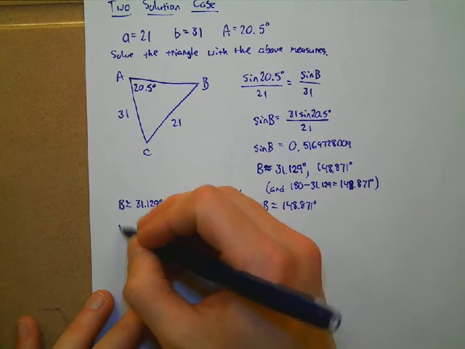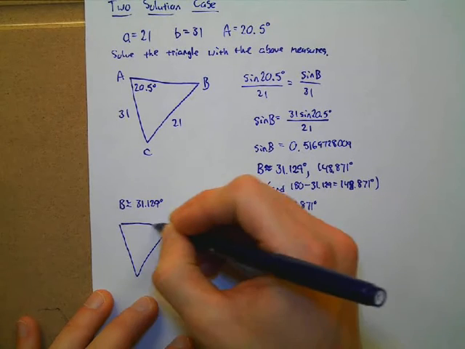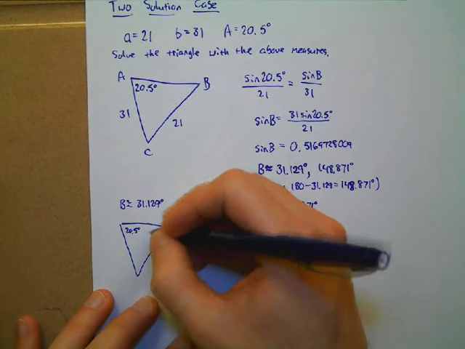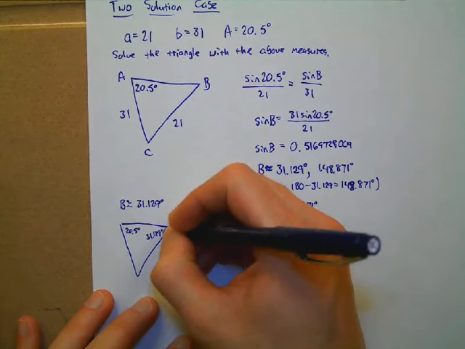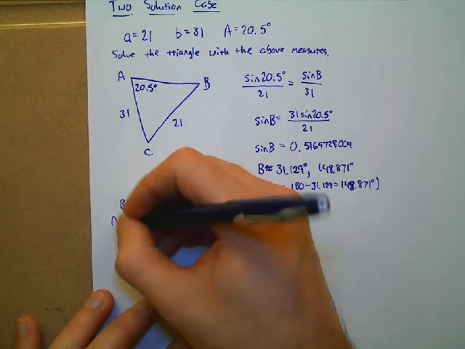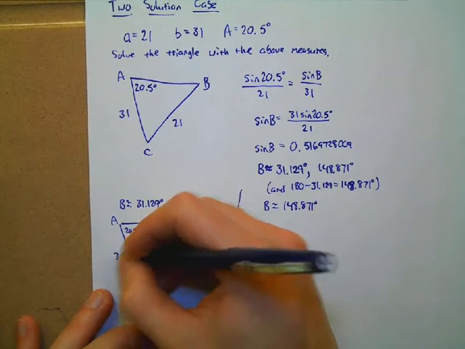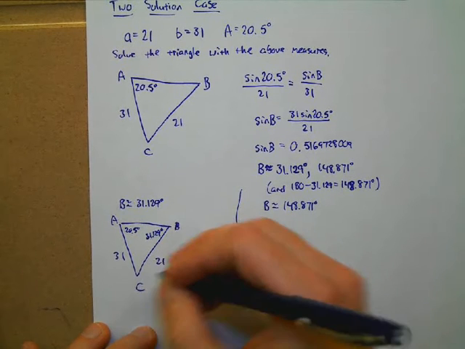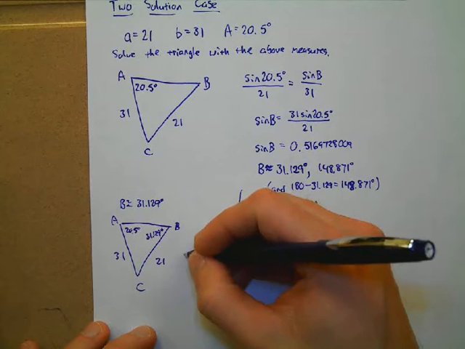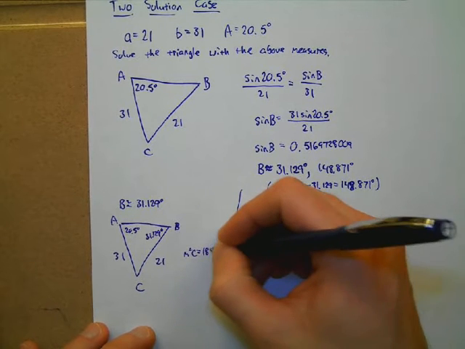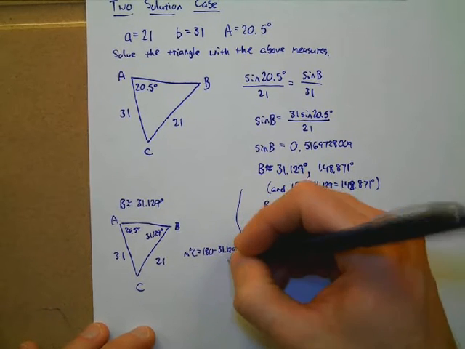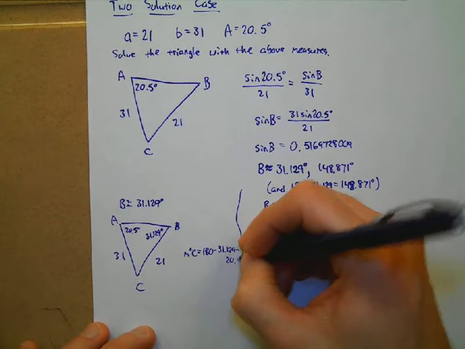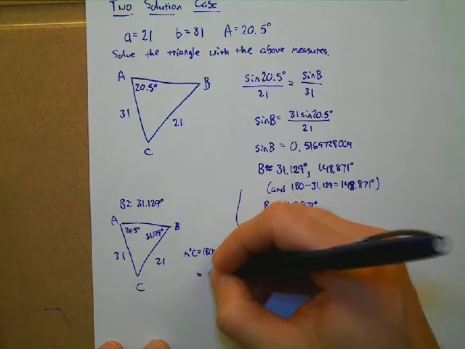We'll just do 180 minus the other two angles, and you get that angle C is going to be 128.371 degrees. Once you have that, we can now find side C.